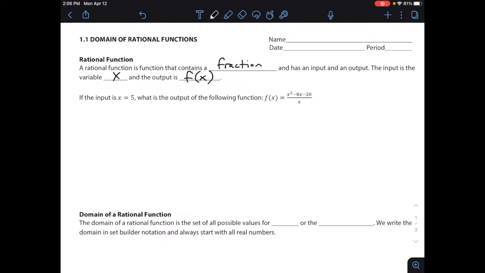Okay, so a little reminder on how to evaluate a function. If we have an input of x equals 5, what is the output of the following function? The function is f of x equals x squared minus 8x minus 20, all divided by x. So this is a rational function because it's a fraction. And all we have to do is replace all the x's with 5.